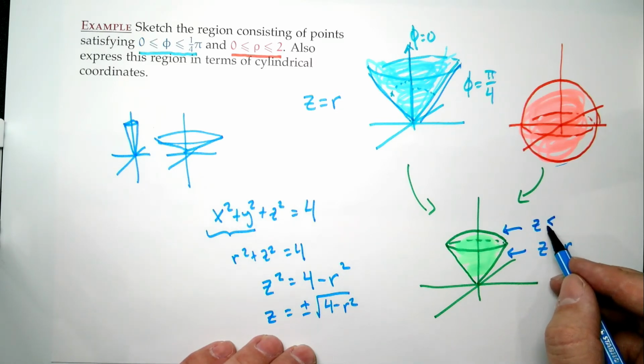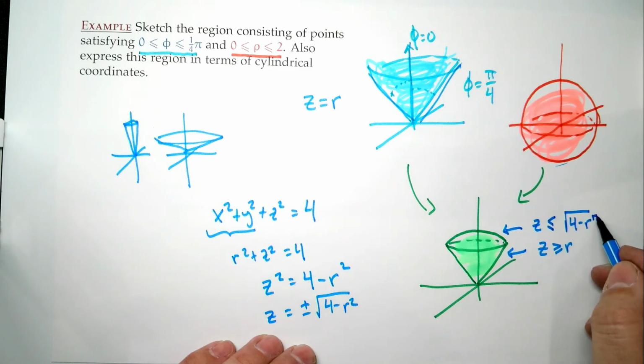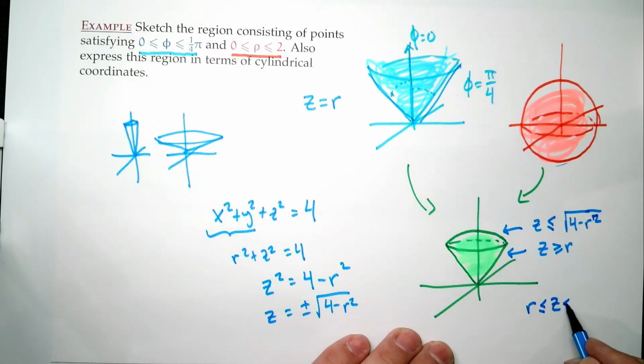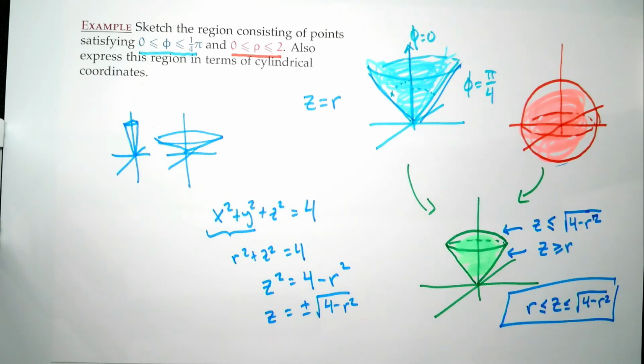Less than or equal to that positive part, the square root of 4 minus r squared. Those two constraints completely describe my region, so I can combine them into a single stretch of inequalities: r is less than or equal to z, which is less than or equal to the square root of 4 minus r squared. That's how we describe the region in cylindrical coordinates.